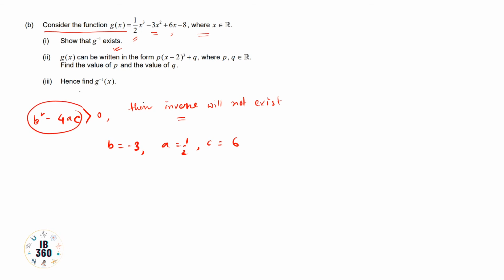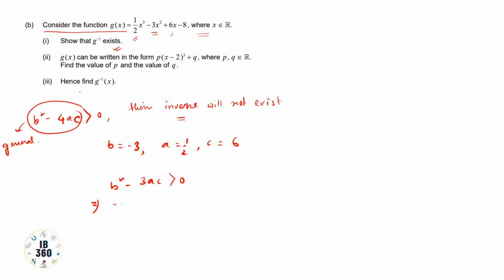This was the general formula, and our derived formula was b square minus 3ac greater than 0. From the previous slide you can see the derived formula, so obviously you can apply it here.